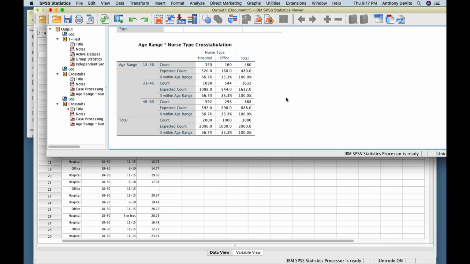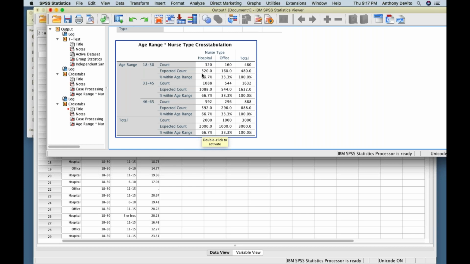And let's see, for the youngest age range, well, gee, it looks like we got exactly what we would have expected. Overall, 67% of nurses work in hospitals and 33% work in offices based on this sample. We'll never know exactly the proportion of the population, but based on this sample, that's what we're led to believe about the population.